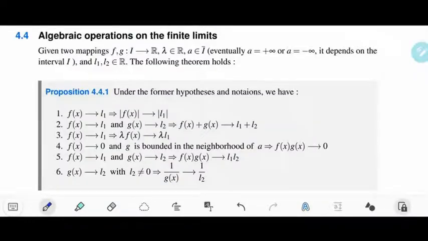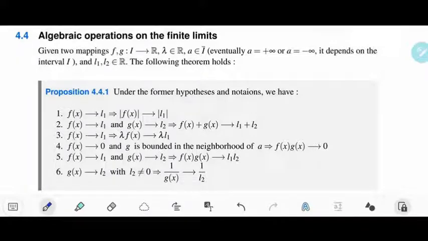We can also prove that applying some algebraic operations on the limits, we can find the limits of a combination of functions like sum of functions, product of functions, etc. So we have these six results. If f of x tends to L1, then the function given by the absolute value of f of x tends to the absolute value of L1.